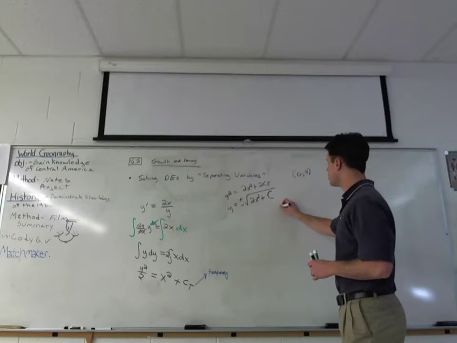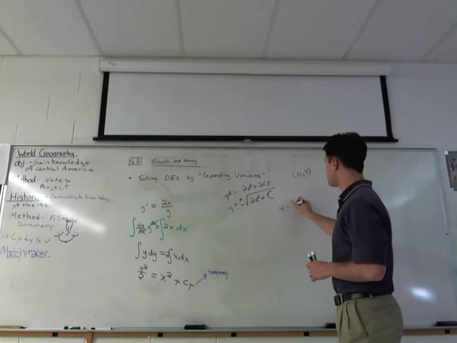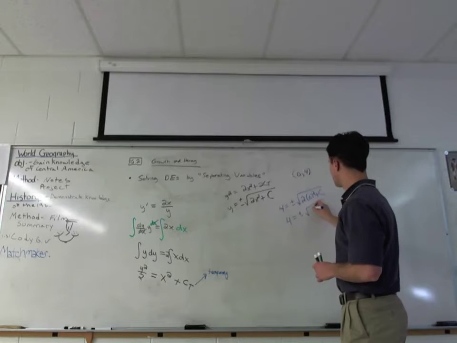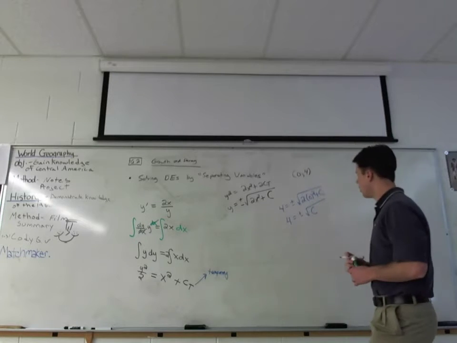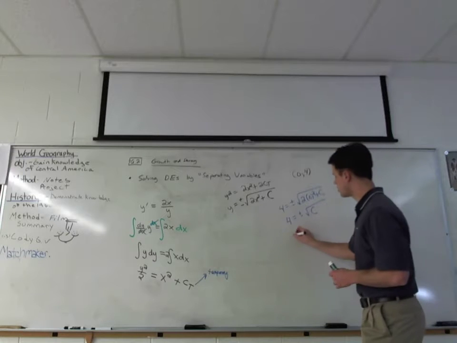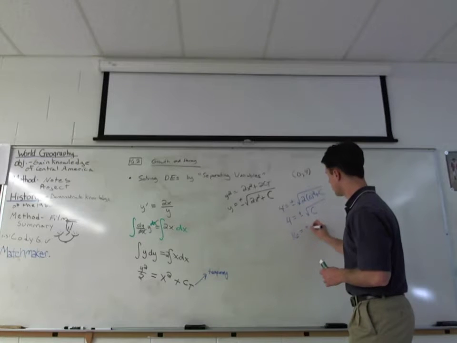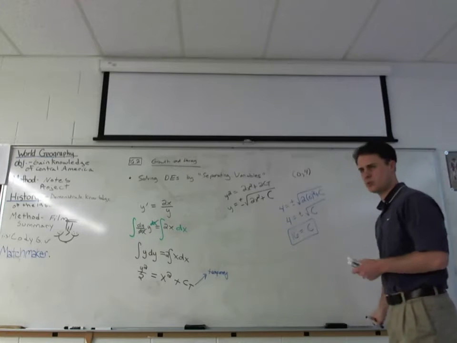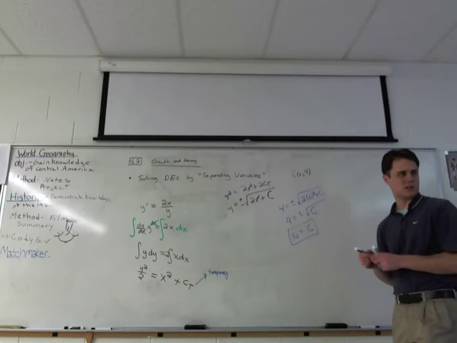So I go 4 equals plus or minus the square root of 2 times 0 squared plus c. So 4 squared, 16, equals C. So I think we really have two particular solutions because of the plus or minus thing here, right?